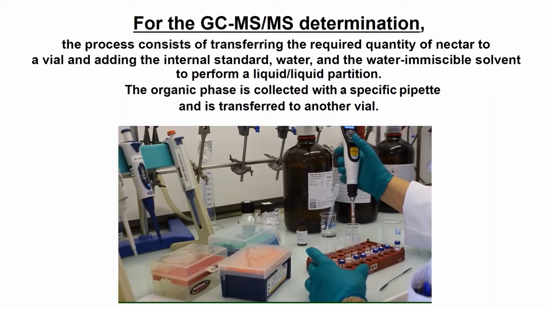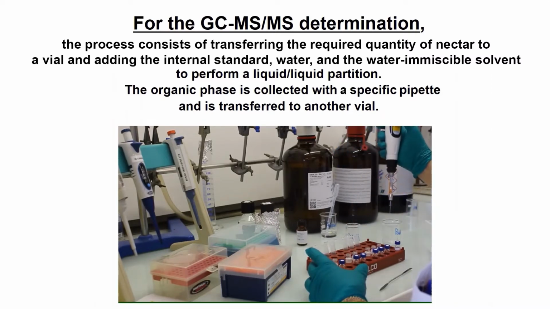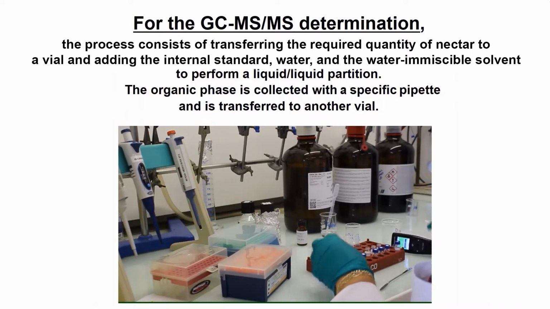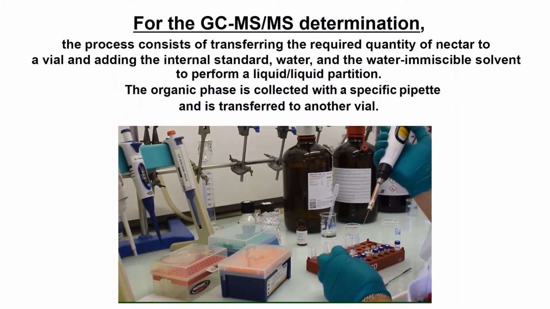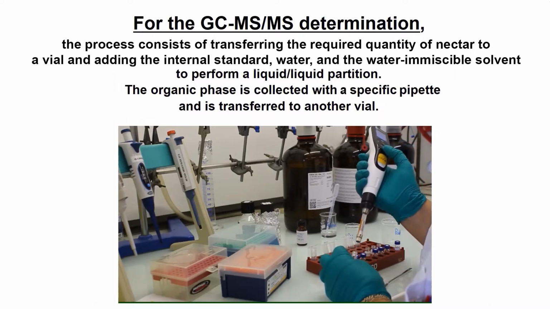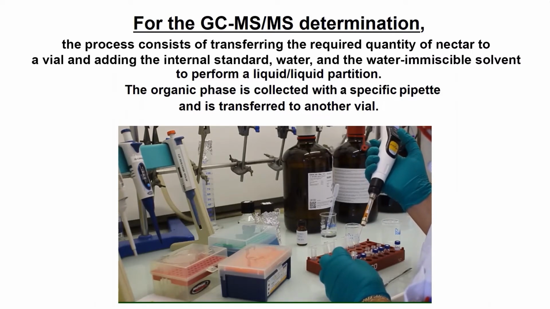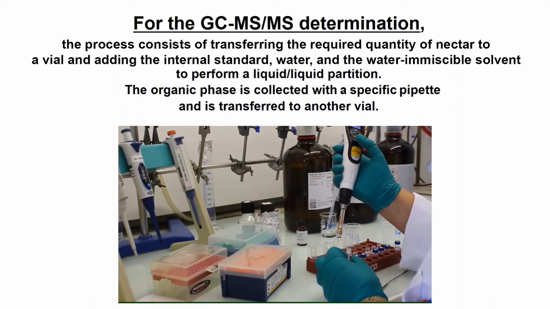For the GC-MS-MS determination, the process consists of transferring the required quantity of nectar to a vial and adding internal standard, water and water immiscible solvent to perform a liquid-liquid partition.